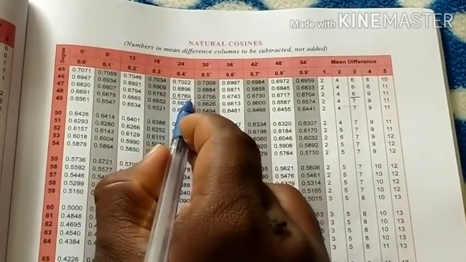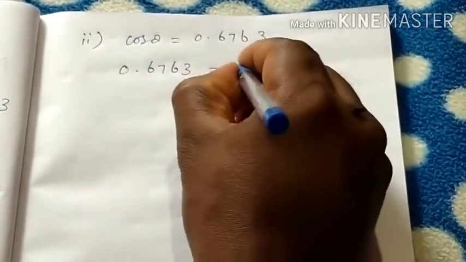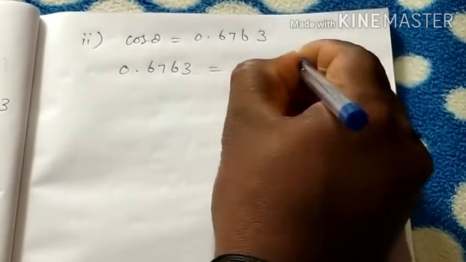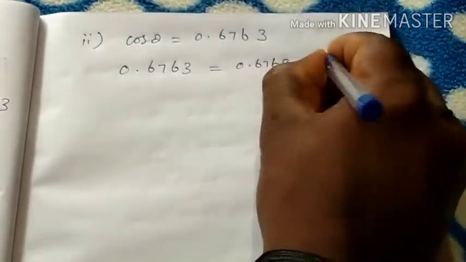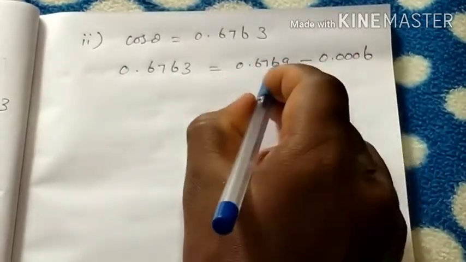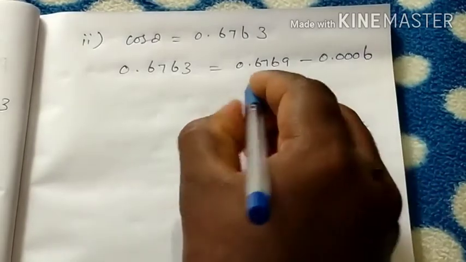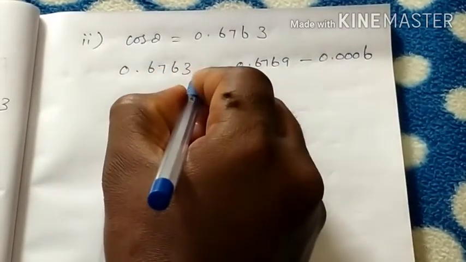From the table, 0.6763 can be written as 0.6769 minus 0.0006. So this value, subtracting 0.0006, we get 0.6763.